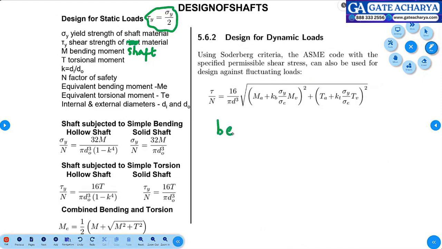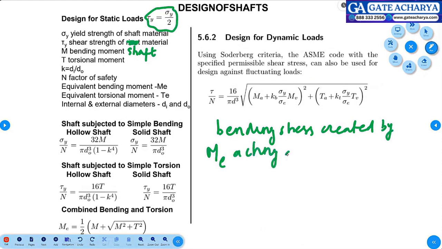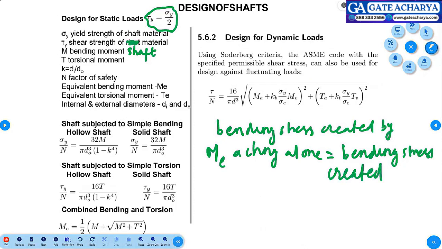Bending stress created by Me acting alone. See, Me is alone acting. It will create one bending stress. This should be equal to the bending stress created by M and T.